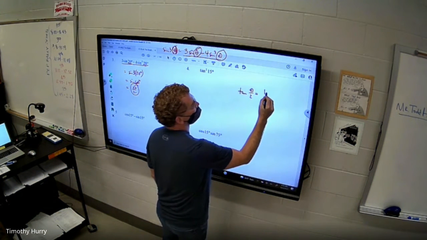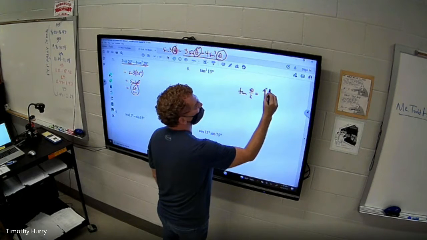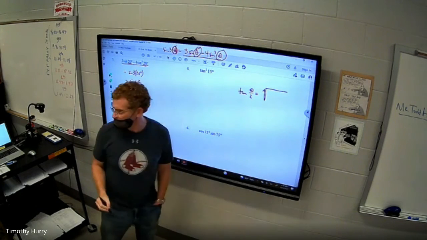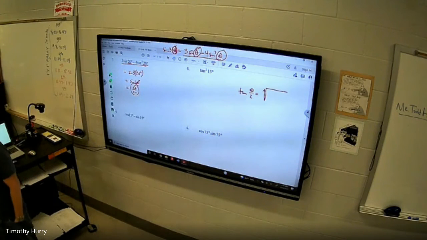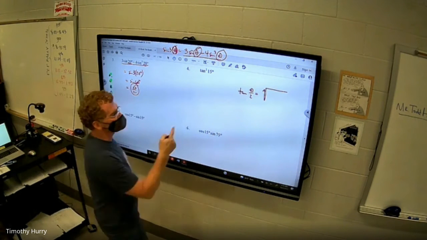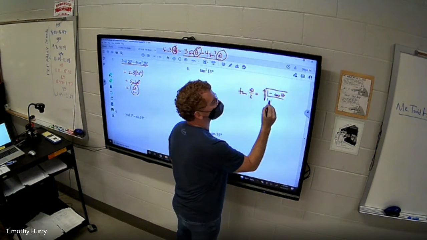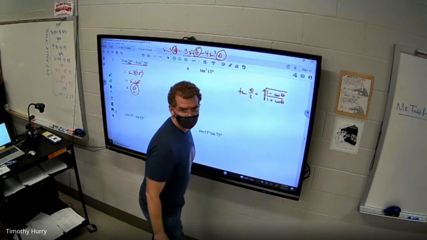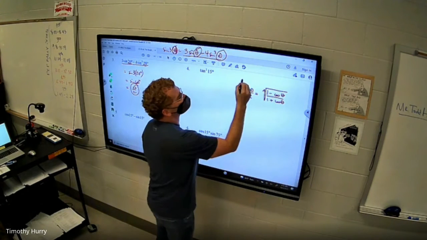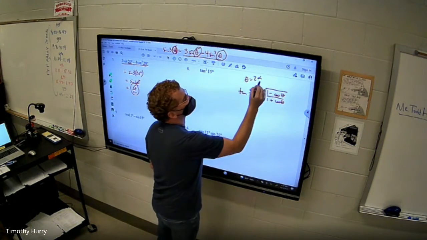for this? Or what else? Which one did I use here? Yeah. So this is what? 1 minus cosine theta over 1 plus cosine theta? You with me? What if I said let theta equal 2 alpha?